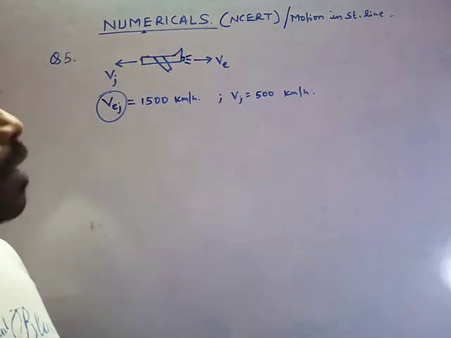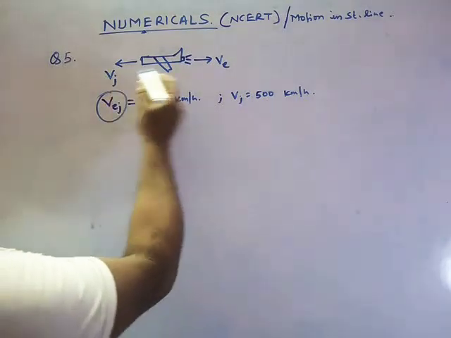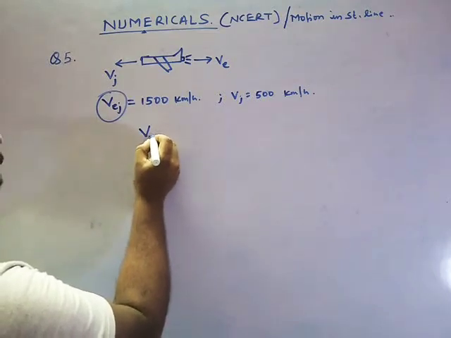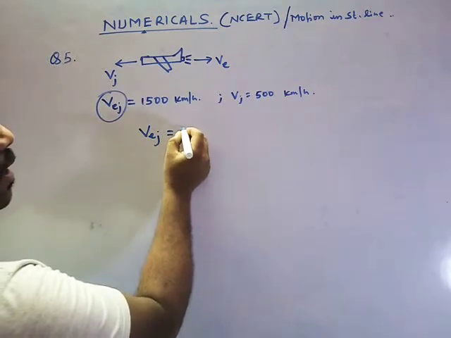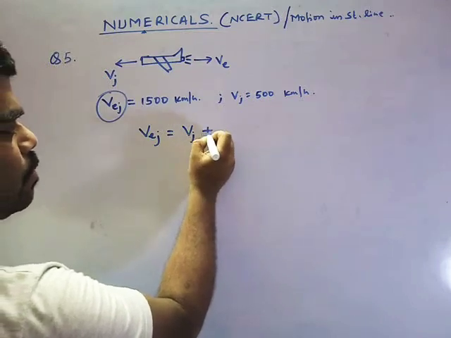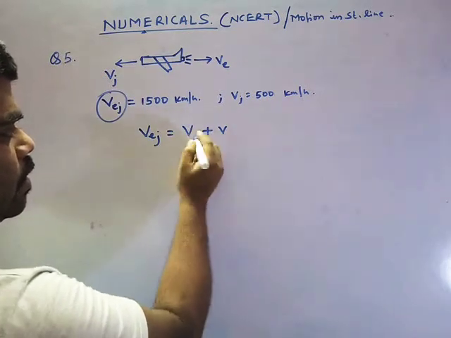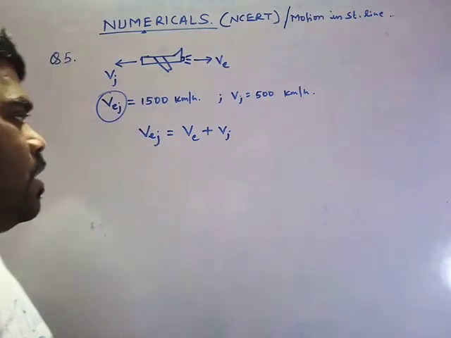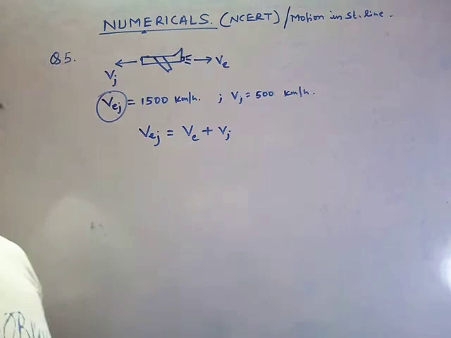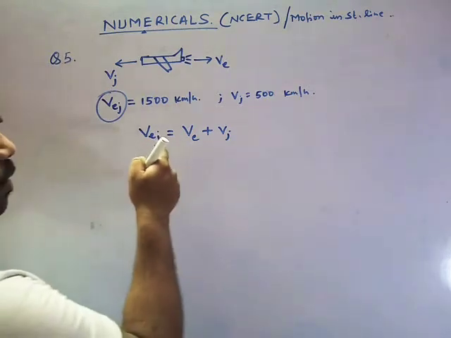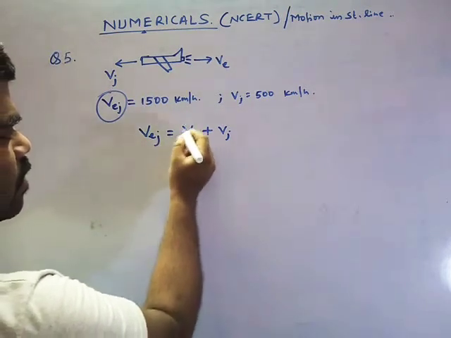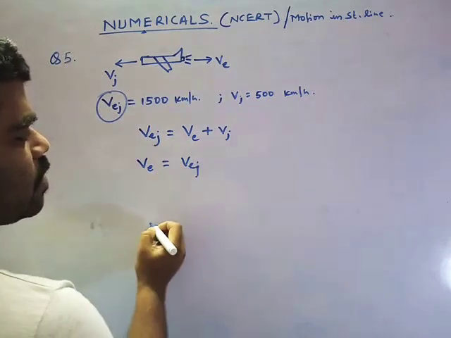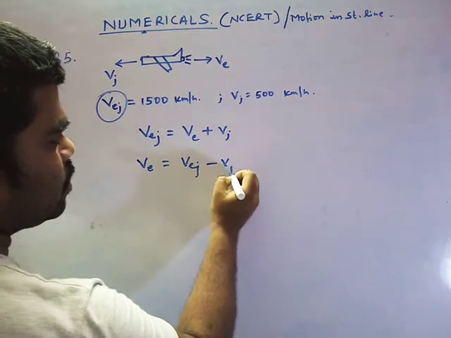When relative velocity comes in, think: if two bodies are in opposite directions, how do we write the relative velocity? We write the velocity of the ejection with respect to the jet as the velocity of the ejection plus the velocity of the jet. Plus is the addition. Or write it this way, or put minus in both. Both are the same. So the velocity of the ejection is equal to the velocity of the ejection with respect to the jet minus the velocity of the jet.